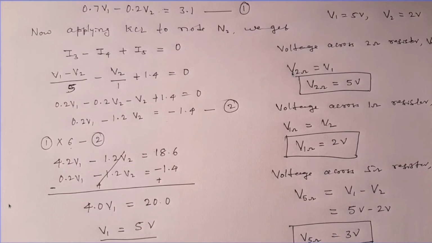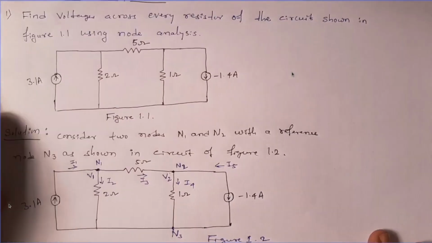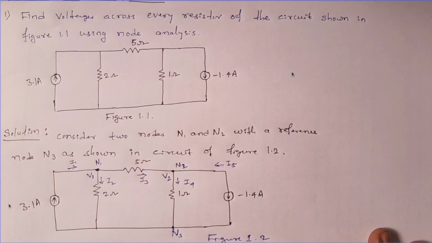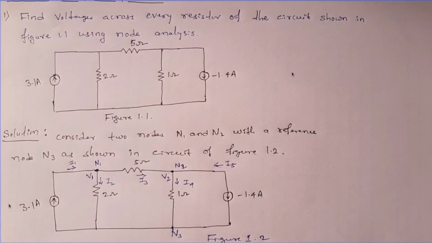So very simple, dear students. In node analysis, what are we supposed to do? We identify the number of nodes properly. Later, consider one node as a common or reference node. Which node should be the reference node? The node to which more elements are connected.